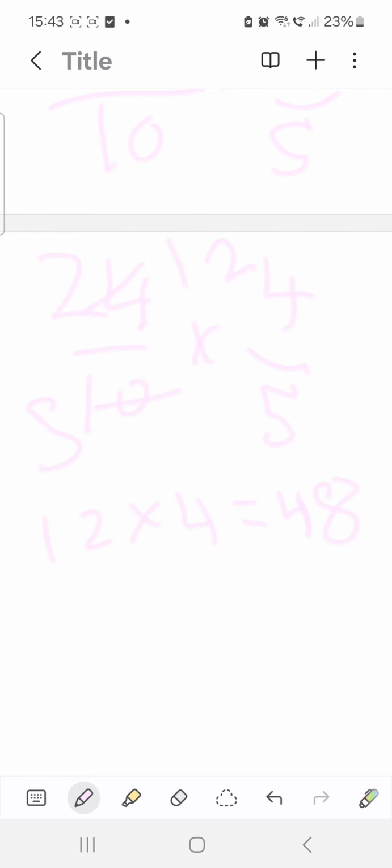So then I wrote that again, and now it equals 48, and then 5 times 5, which is 25.